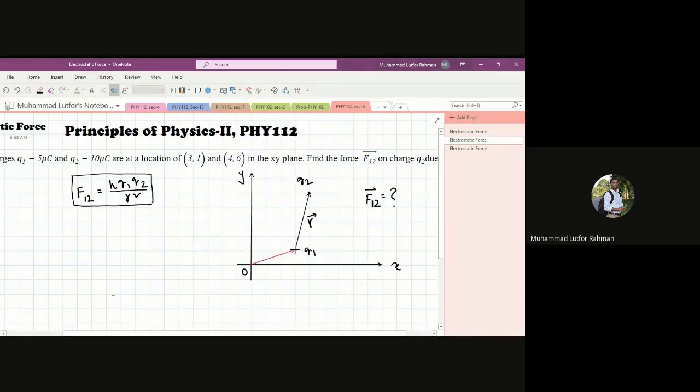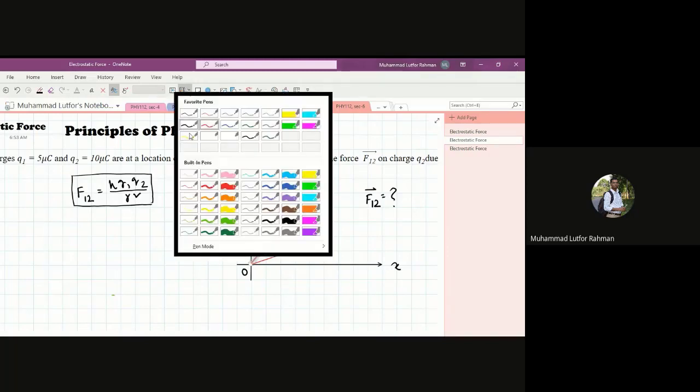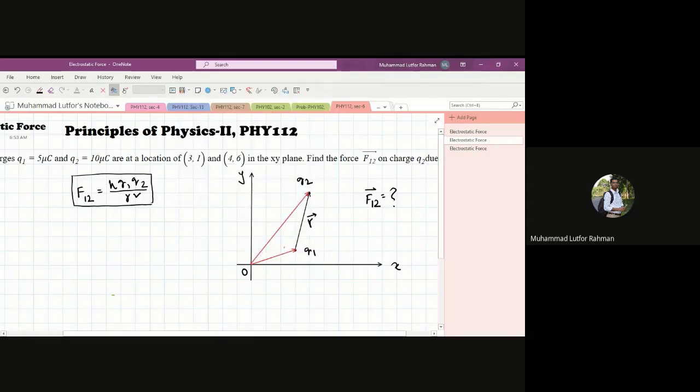You can draw freehand, it's not required to be exact. This is my vector R1 and this is the vector R2, which are the position vectors.